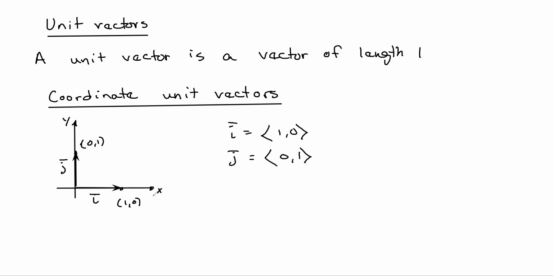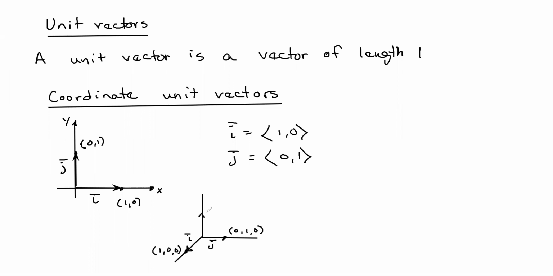The same idea also applies to 3 dimensions. So you can go through and sketch a little picture for yourself here. In 3 dimensions, if we have the unit vector that terminates at (1, 0, 0), that is vector i. The vector that terminates at (0, 1, 0) is unit vector j.